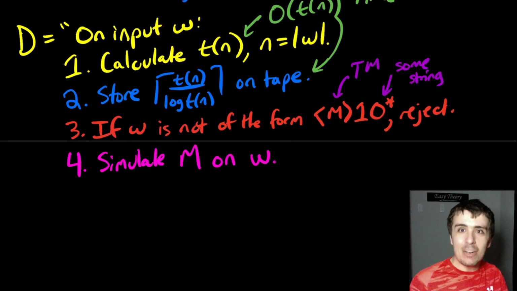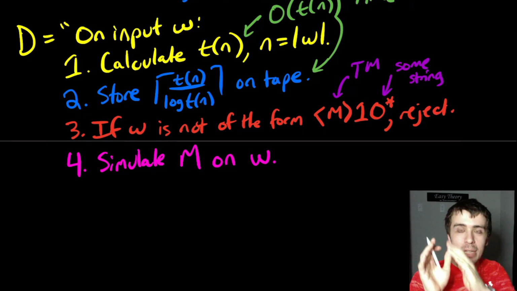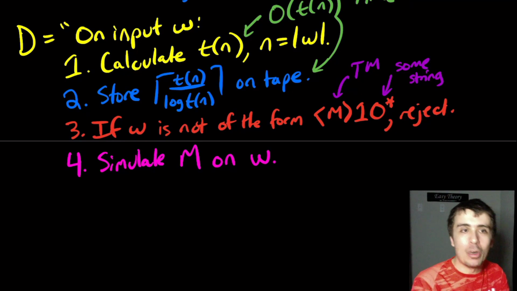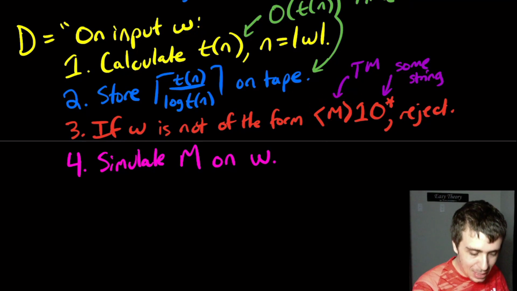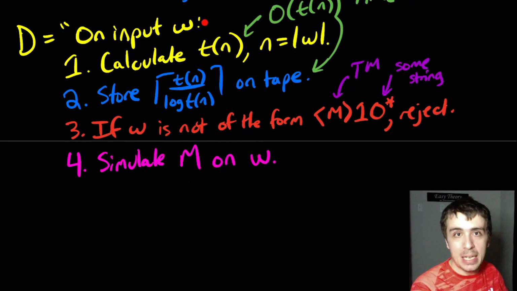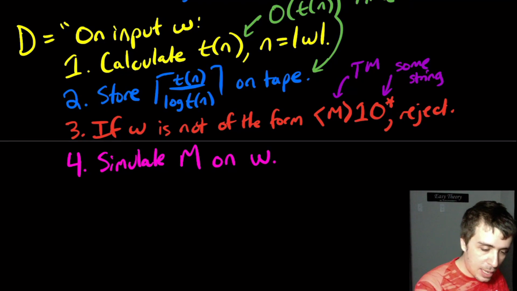So it's kind of reminiscent of the ATM problem, where we're trying to show that this machine is different than all the other ones by simulating it on itself. So effectively, we're going to run M on that particular string W that was given to us up here. And then all that we're going to do is two things.